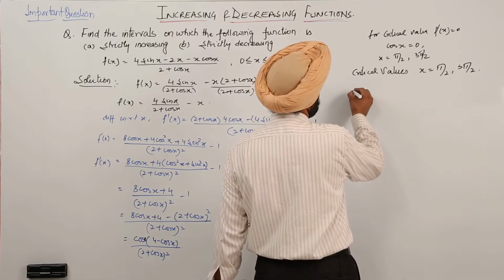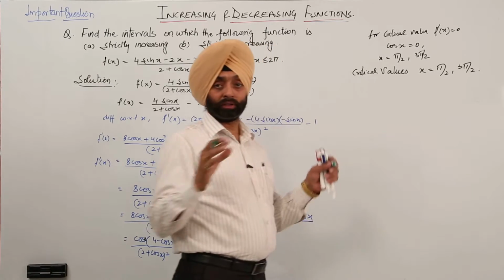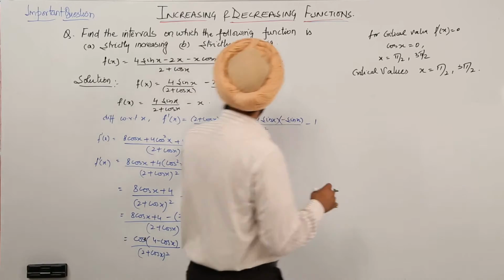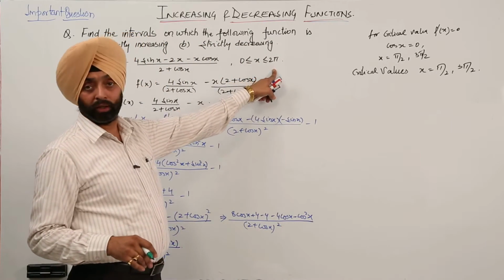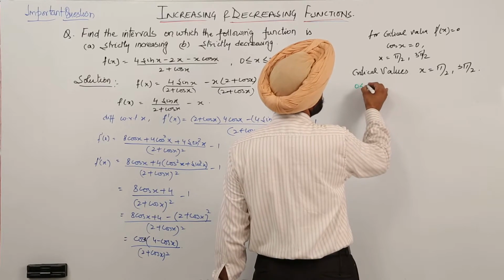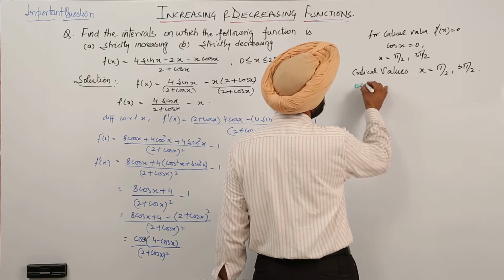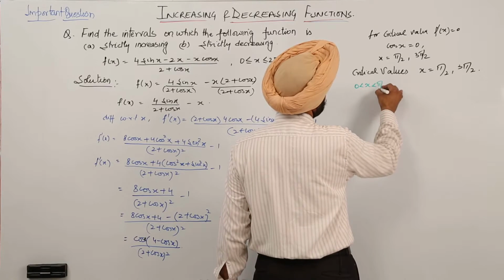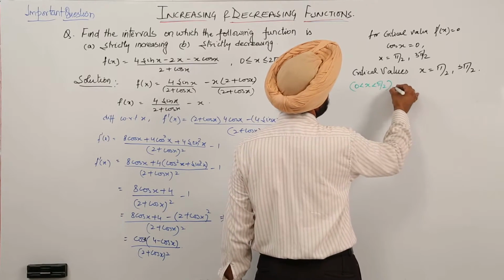Now let's move to the increasing and decreasing part. What are the intervals we have to take? Already we are given 0 to 2 pi. So we have 0 less than or equal to x less than pi by 2, one interval.